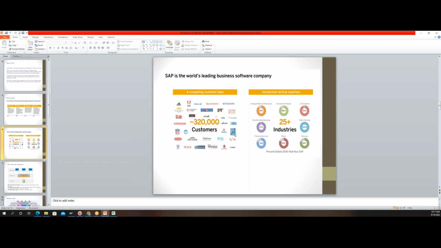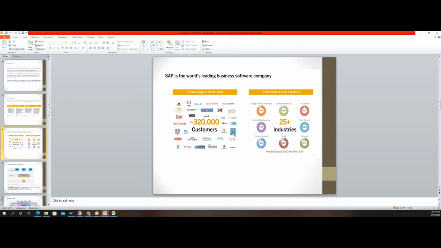So these are all the features SAP has. As per the old data, there are around 320,000 customers across the globe, and the industries or verticals where it is deployed are 20 plus, 25 plus industries.